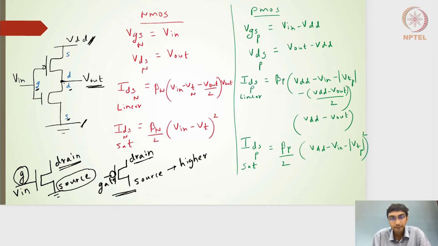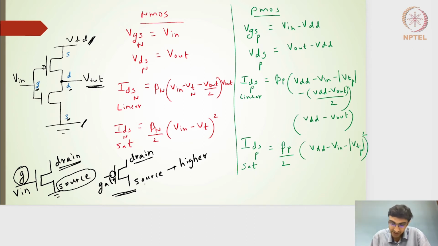Although it cannot go beyond VDD due to a particular constraint, we will have a look at it later. Let's say that the V output, this particular node, cannot go beyond VDD. So for this PMOS transistor, the highest potential is VDD. On the other side, it will be lower than VDD, or it can reach a maximum of VDD.